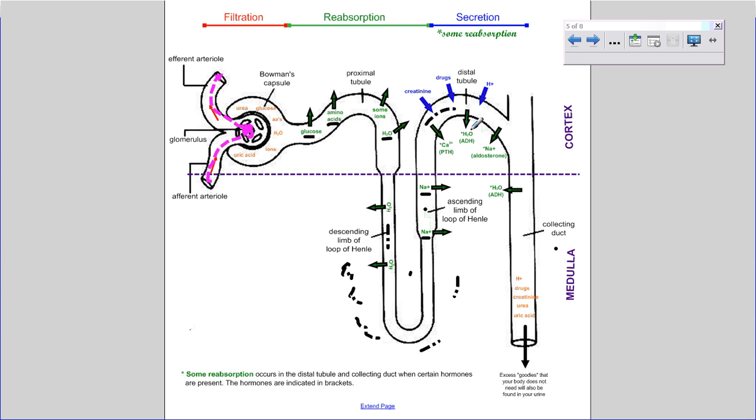If your fluid levels are low, we had that whole schematic diagram. Your hypothalamus is involved. It detects that the fluid levels are low, and it causes the release of this hormone, ADH. And ADH comes to the distal tubule and the upper collecting duct and says, hey, we need more water. So it causes it to be permeable to water.